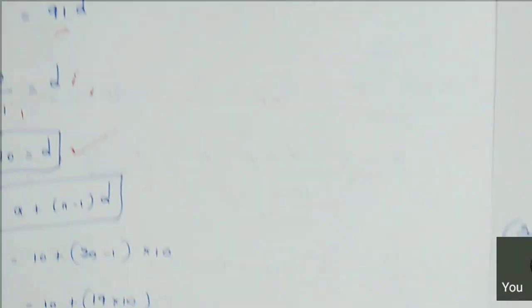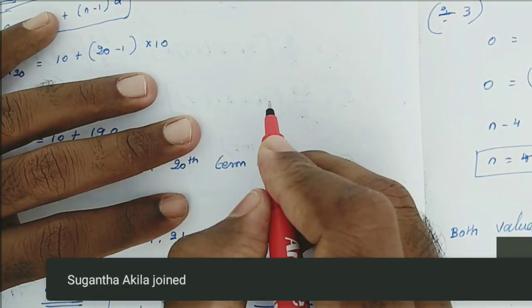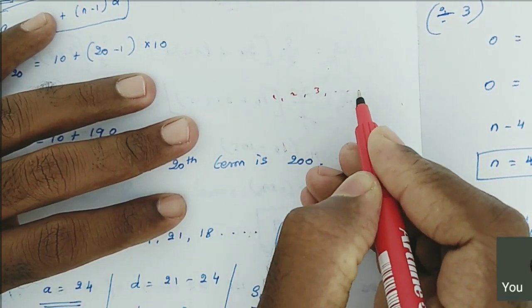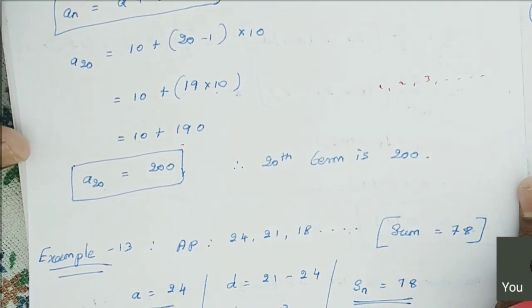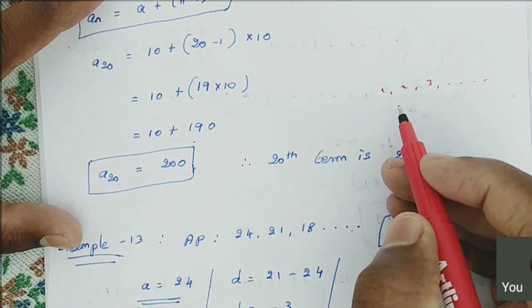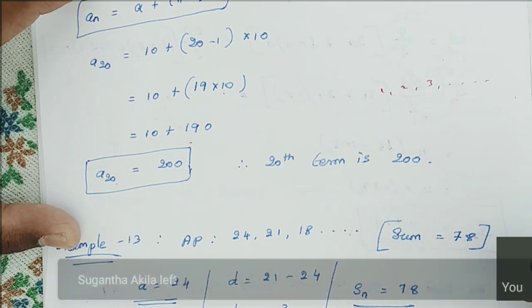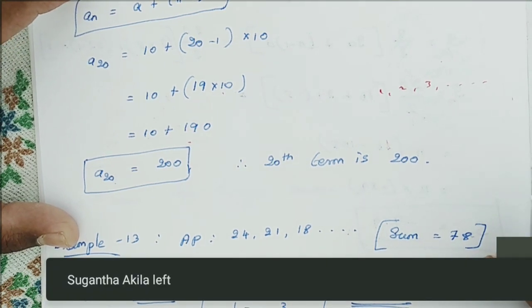Listen. In this example 13, just consider 1, 2, 3, and so on. Now, is it an AP or not?